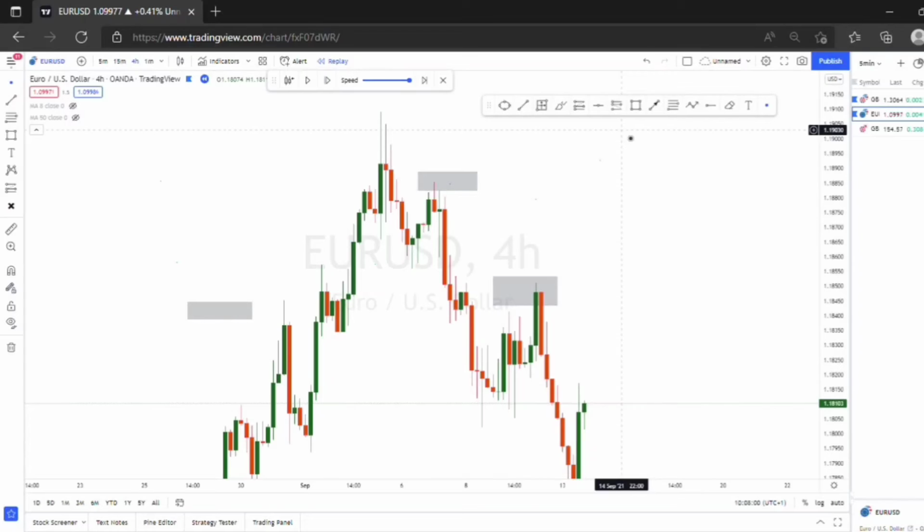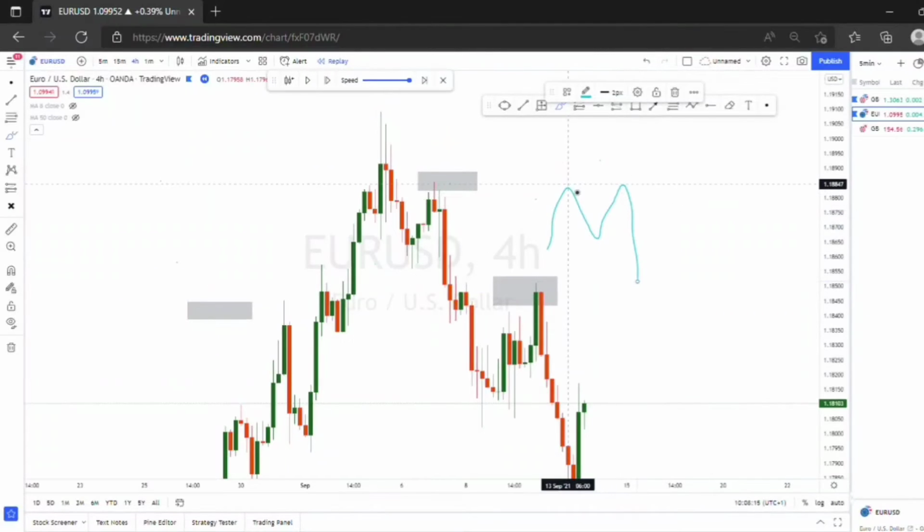Something I want you to take very good notice of every single time is this pattern. All right, this is an M pattern, or probably you might be calling it a double top, and we have this situation as well, double top and double bottom, probably M or W pattern.